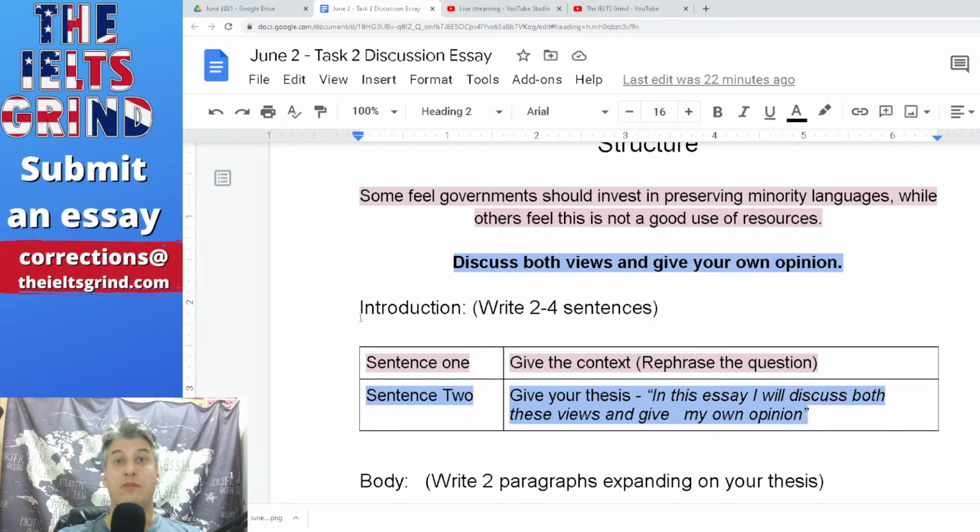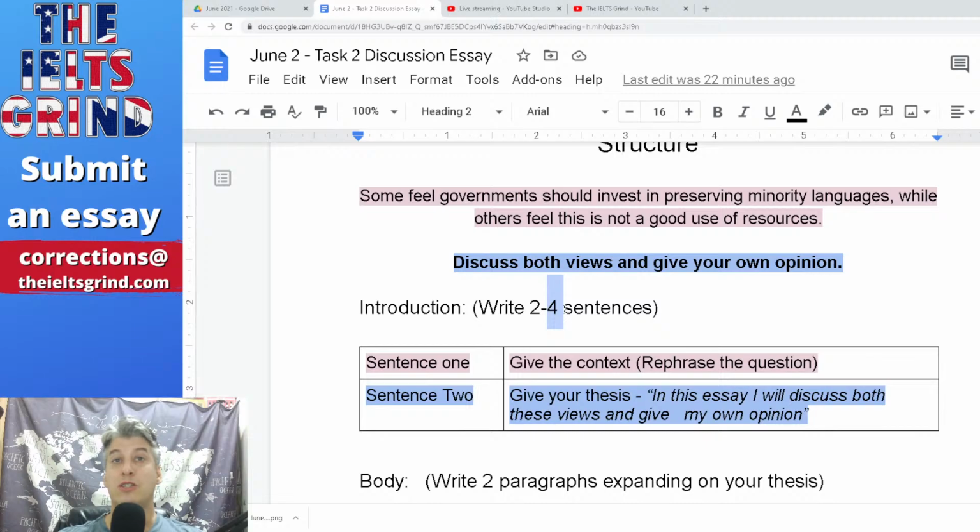Now, the introduction. We recommend you write 2 to 4 sentences. You can absolutely write an introduction in 2 sentences, but you might also need to spend a little bit more time to explain a few things. So 4 sentences maximum.